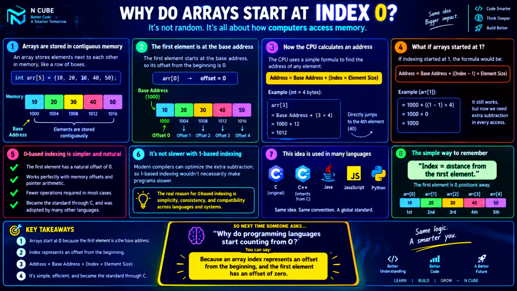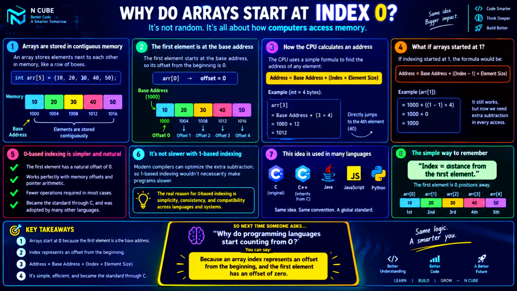For any particular element, let's suppose element 3, base address plus 3 times 4 comes to 1012, because the base address is 1000, we are searching for the third index, and the element size is 4. That's why we come to 1012. Directly jump to the fourth element, that is 40.